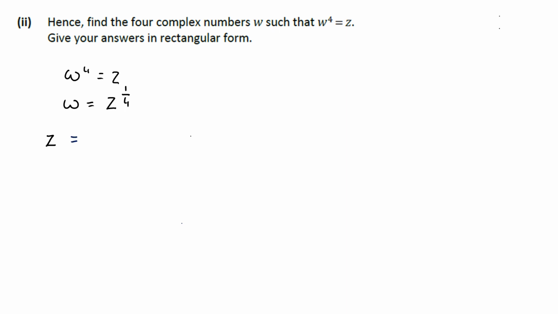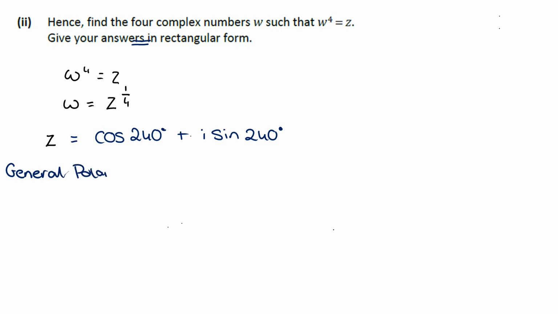So when we have z, we have cos of 240 degrees plus i sine 240 degrees. Now, if I come along and I apply a quarter, I'm going to get one answer, but I actually want 4 answers. So next thing I'm going to do, I'm going to find the general polar form.